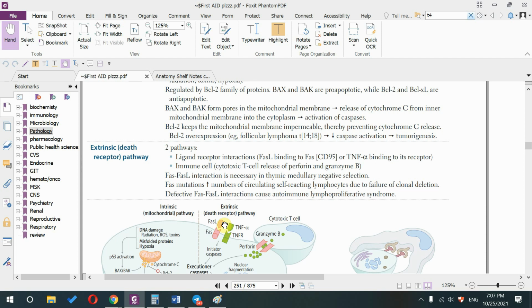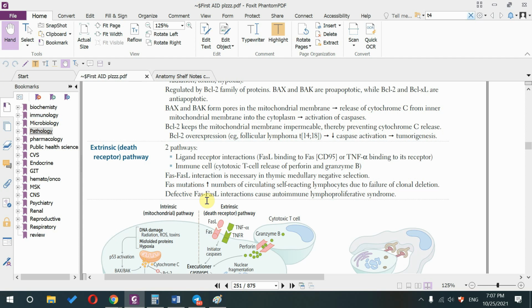So you remember that needy guy who wants to bind so much? Exactly. He will be attaching to a lot of cells when you don't want him to. And that will lead to what? Excellent. Autoimmune diseases. So if you have dysfunction of the medullary negative selection, which occurs inside of the thymus of the T cells, you will get autoimmune diseases. You don't want that.